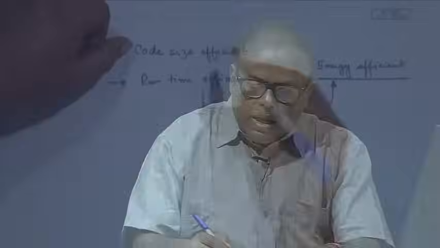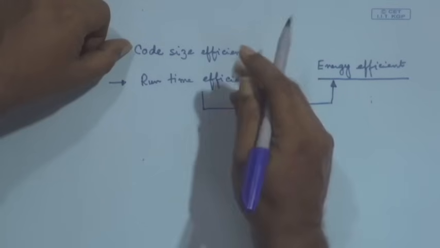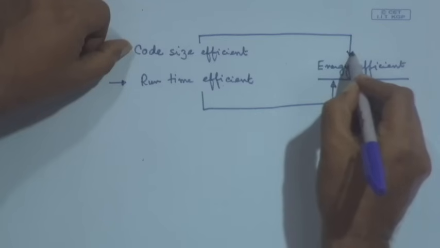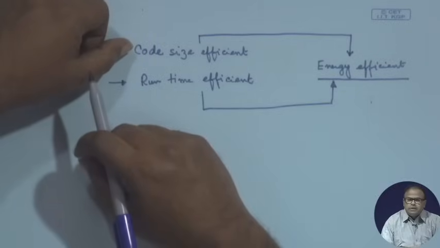So the area consequently will come down, but along with that, as the memory increases, the power also increases and more memory accesses will be required. And if we have a small piece of code lengthwise, then it will run in less time. Therefore, code size efficiency also has a relationship with energy efficiency.